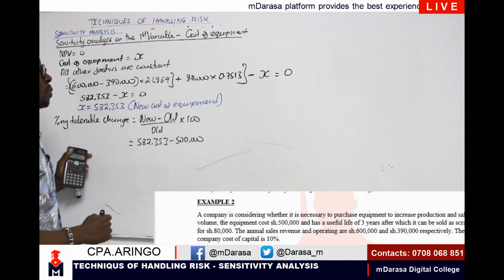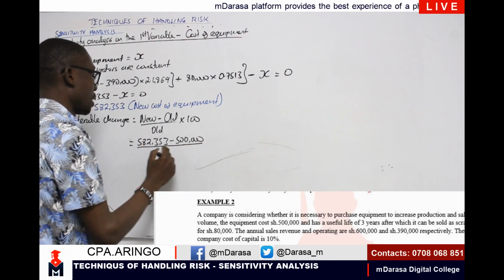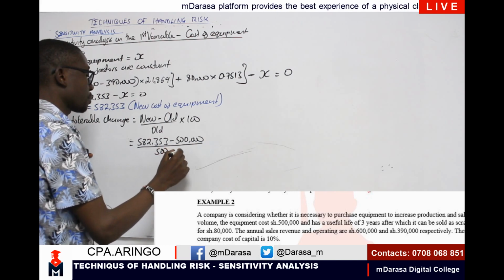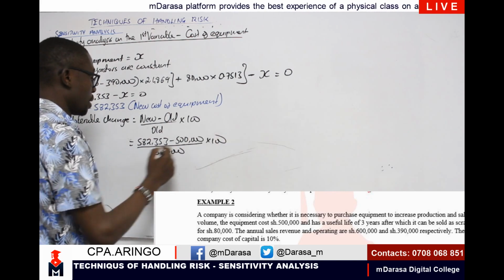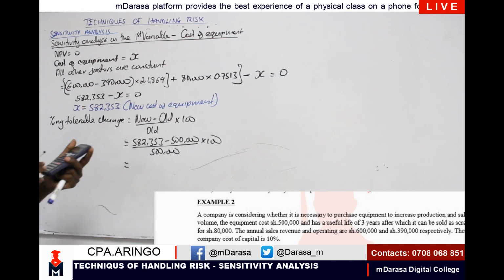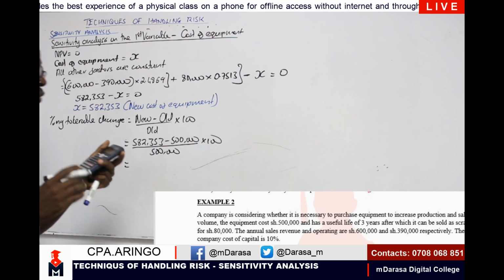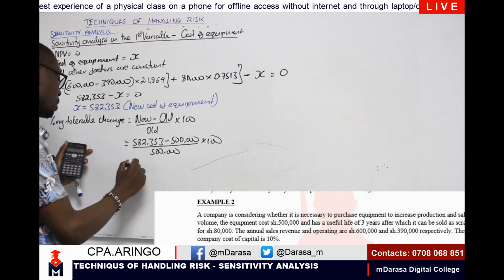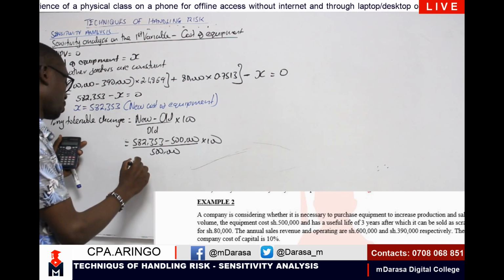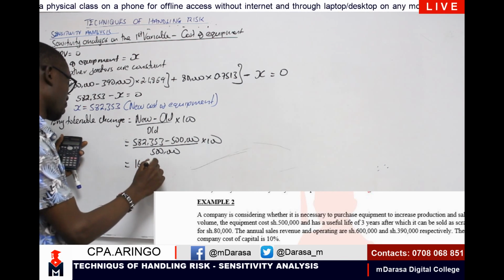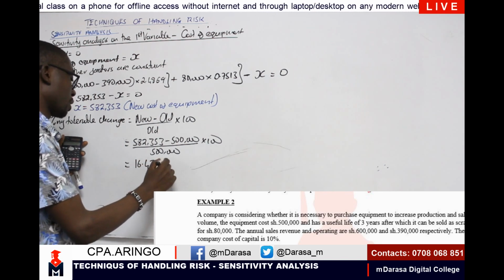We divide by 500,000, times 100, which gives us a percentage change of 16.4706%.